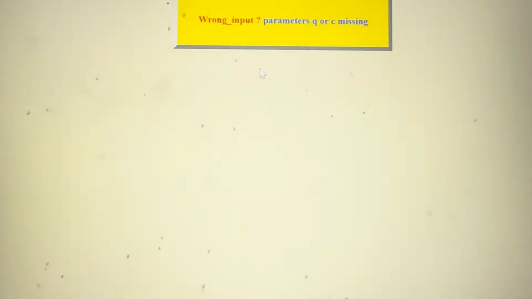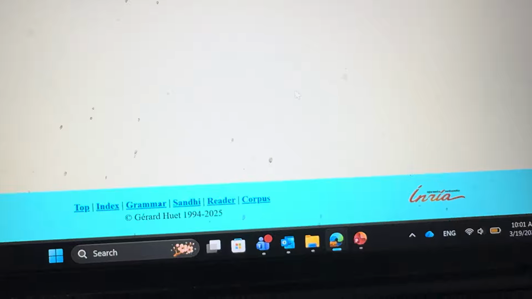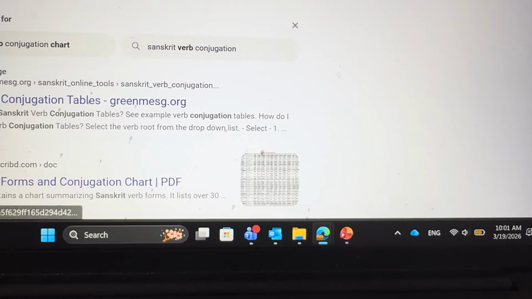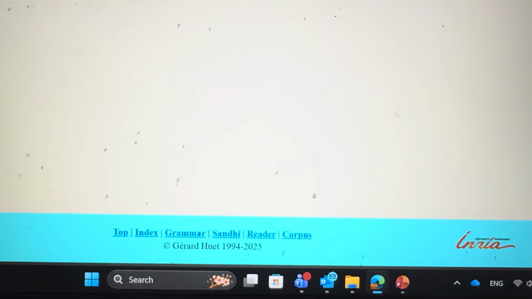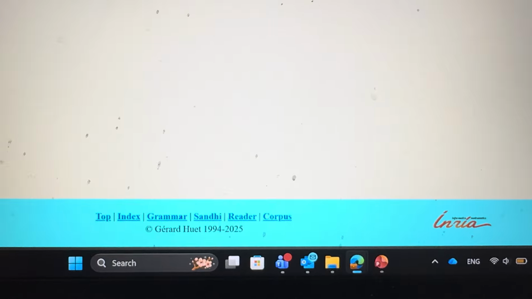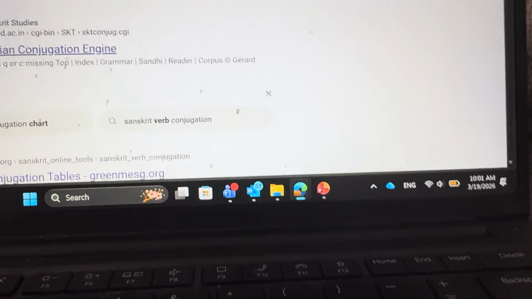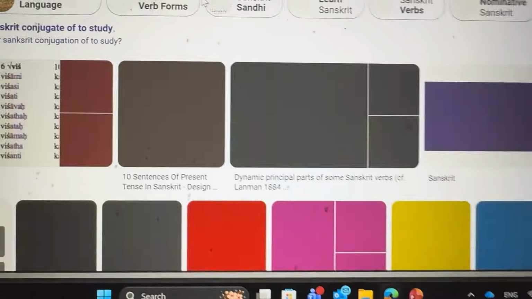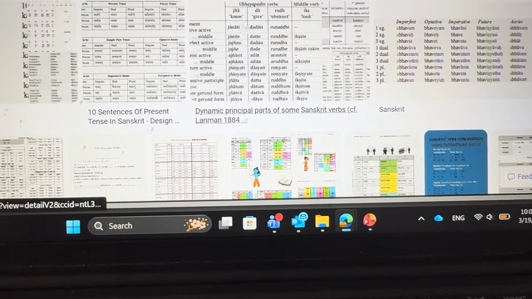Do any of you remember what the conjugations were? In our school days, we always studied the conjugations of Sanskrit, and we used to memorize them, right?